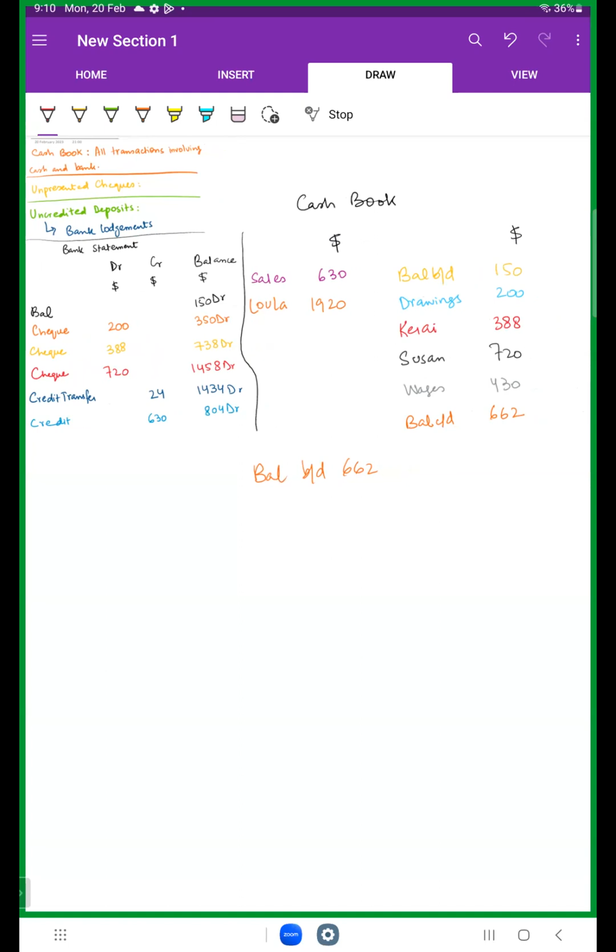You will always compare the debit side of the bank statement with the credit side of the cash book, and the debit side of the cash book with the credit side of the bank statement, right? Yes. And vice versa. Okay. Yes.